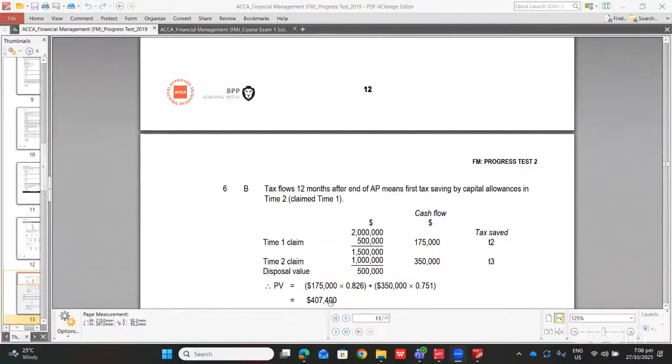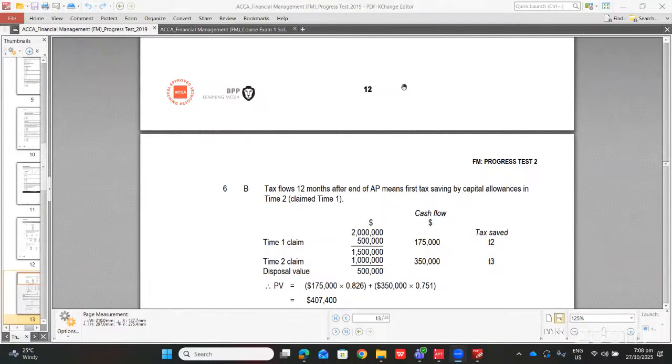It says to the nearest thousand, and to the nearest thousand this would be 407, but the answer given in the text here is 408. I guess they round it early. Not sure why they would do that, but clearly you have to use the closest answer. So the answer would be B for question 6.